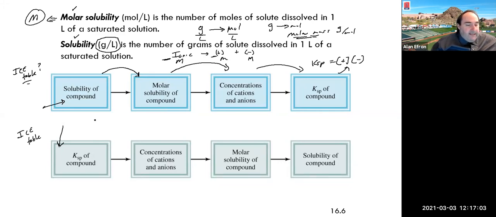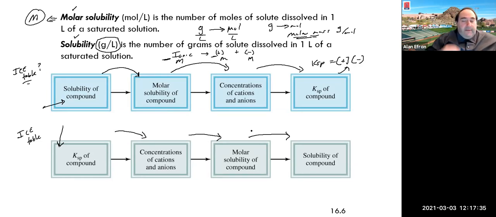We would do an ice table similar to what we've done before, slightly different, and we'll talk about it in just a second. That would allow you to figure out the X value, or S value, get the concentration of those ions, get the molar solubility, and then convert to grams per liter. So one requires an ice table. One really doesn't require an ice table, but you could use it.